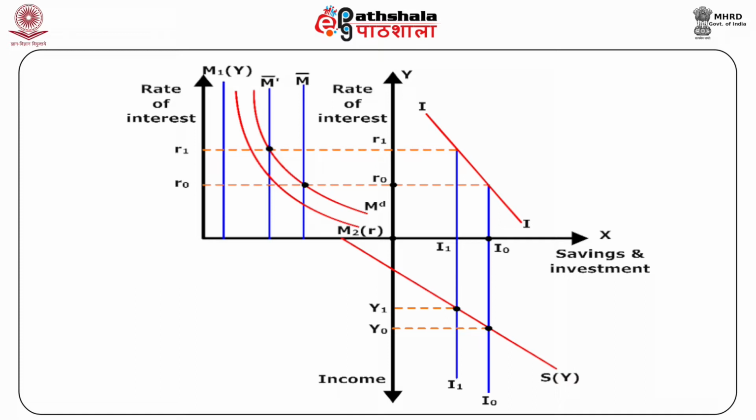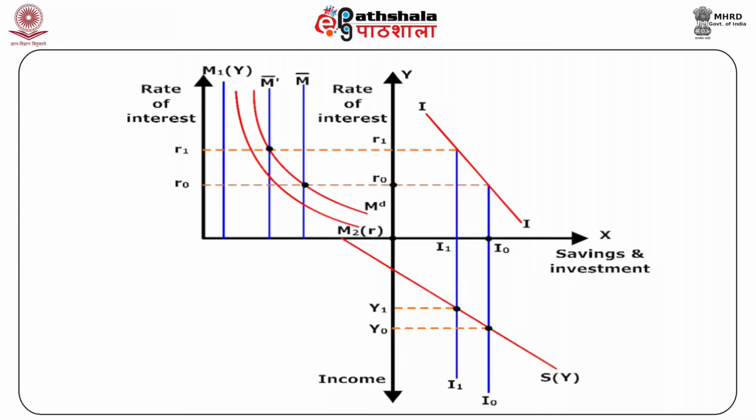Let us say we started with Y0, the money supply was M bar and the rate of interest was R0. Now at R1, the volume of investment was I1 and the level of income was Y1. Whereas at the previous rate of interest R0, the volume of investment is I0 and the level of income is Y0.